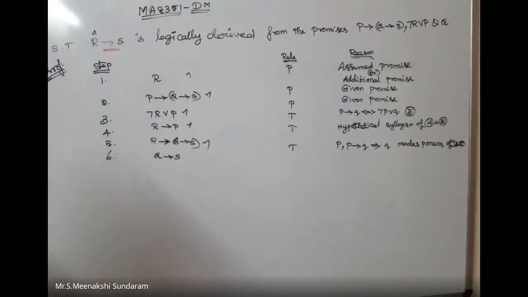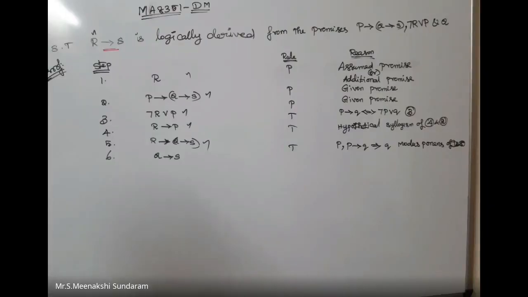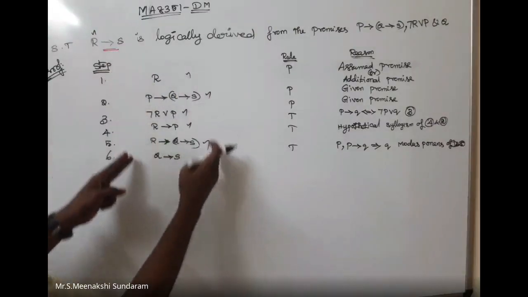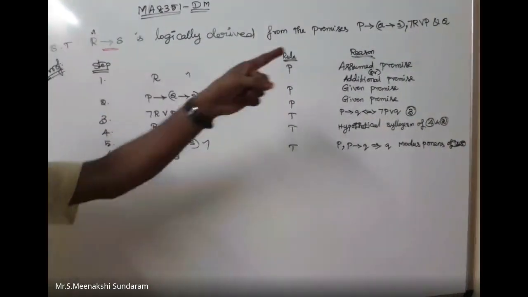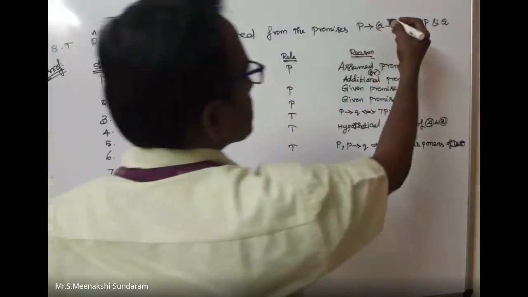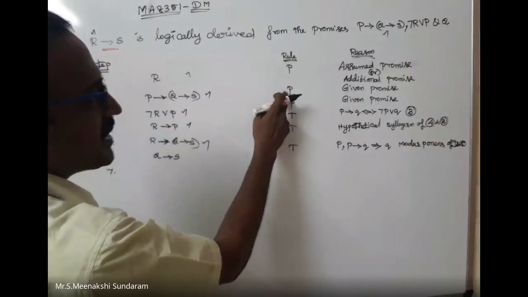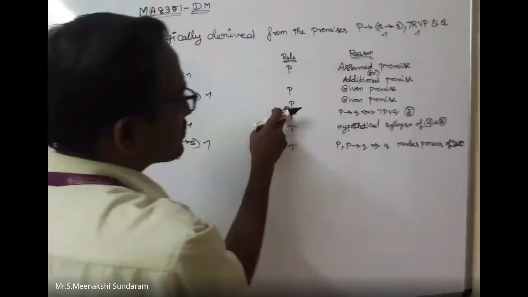Anybody have a doubt? No sir. Anybody has a doubt? No, sir. For now, I can use all the steps and reduce them step by step. Then the next one I can go for Q. This premise I can use for P, and this premise also I can use here.